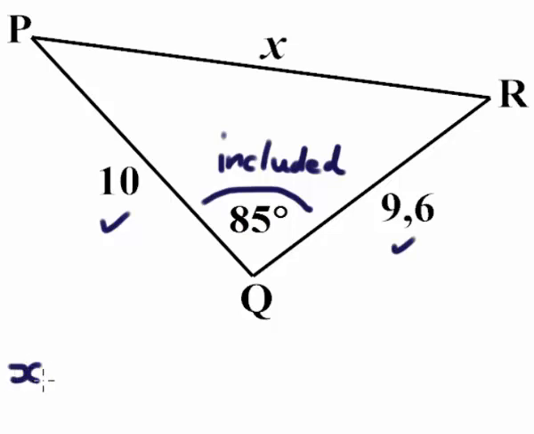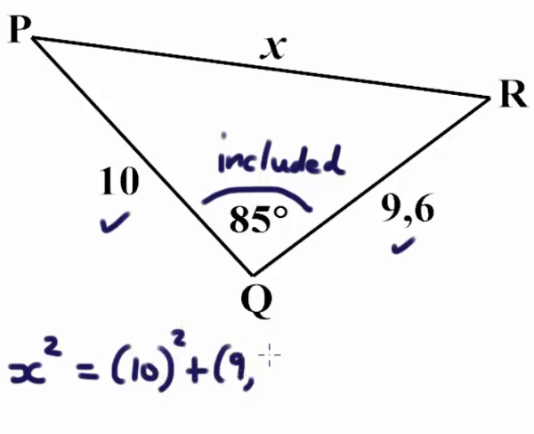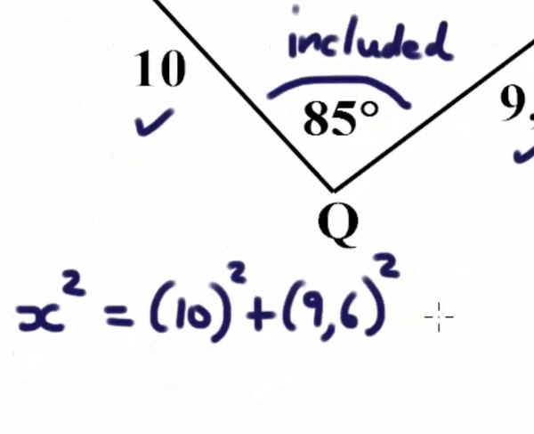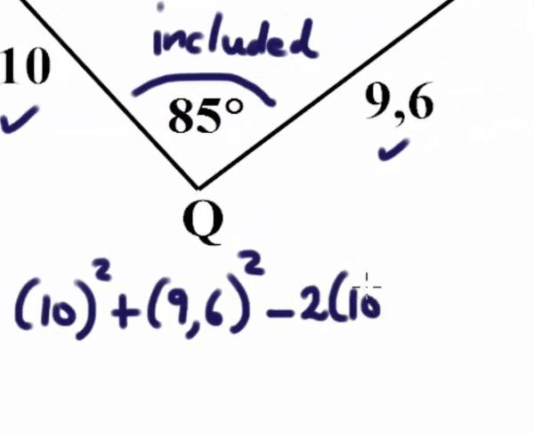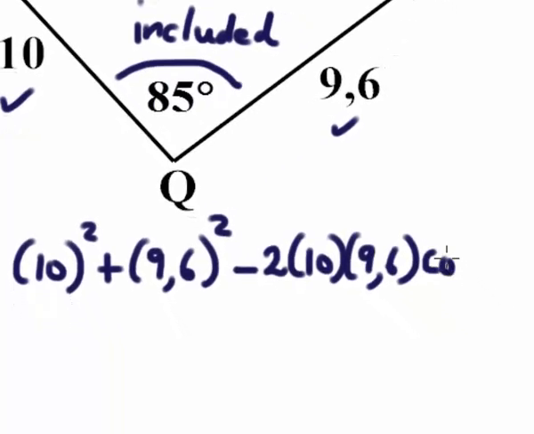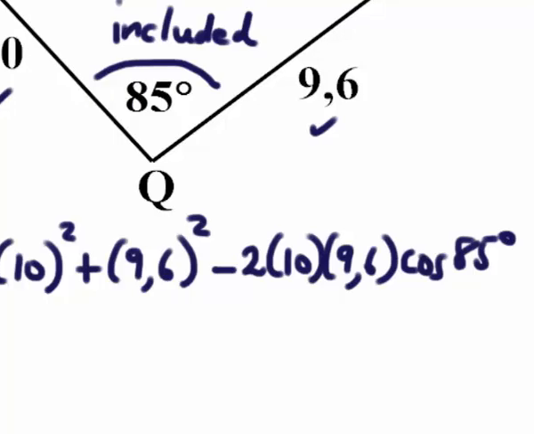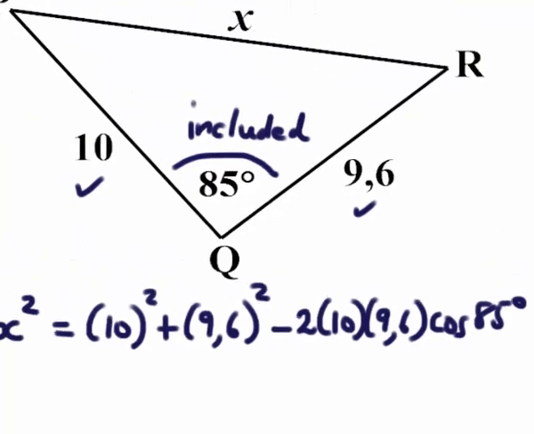You say x squared is equal to, now square the 10, alright, to that add 9.6 all squared. Now how does the cos rule work? You always subtract 2 multiplied by 10 multiplied by 9.6, the cos of the included angle there. Okay, alright, you've got it there.